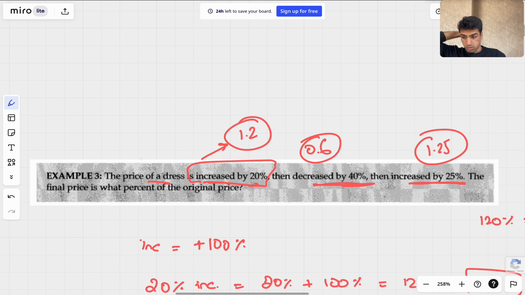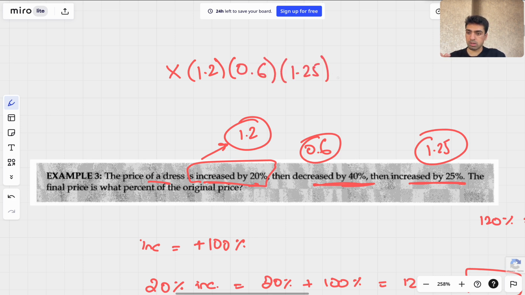So the original price was, let's say, for example, X. Then I increase this value by 20%, so I write times 1.2, and then I decrease it by 40%, which means times 0.6, and then I increase it again by 25%. So this is what I get, right? And this will be equal to the new cost, let's say P. If you multiply these values, 1.2 times 0.6 times 1.25 is going to be 0.9.